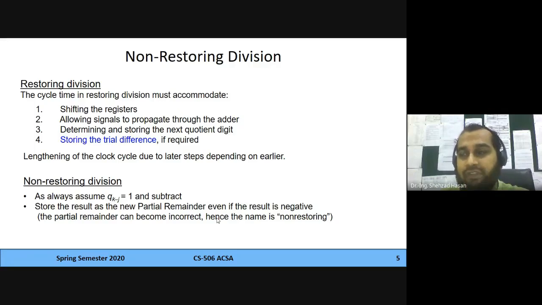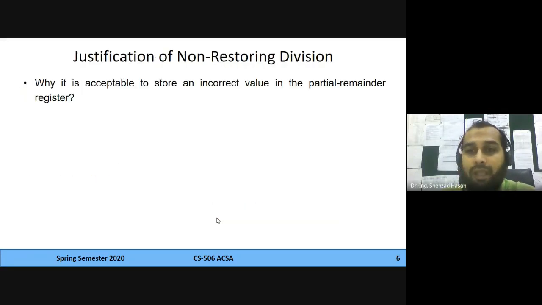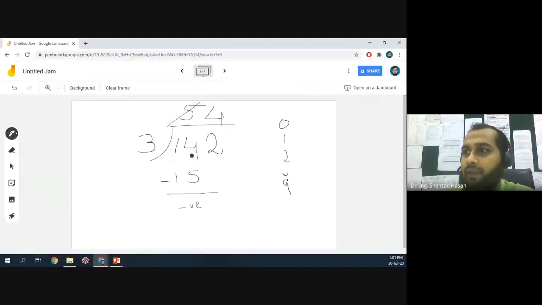So I'm going to come to the non-restoring division algorithm. Let's have some justification why this is going to work. Why is it possible or acceptable to store an incorrect value in the partial remainder register? When you store a negative value, that's actually an incorrect value, right? We were talking about this number, dividing by 5.